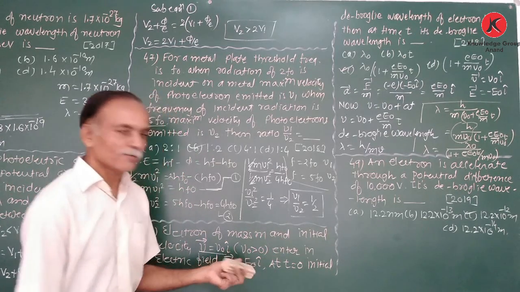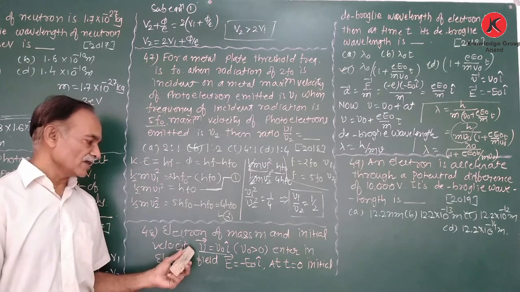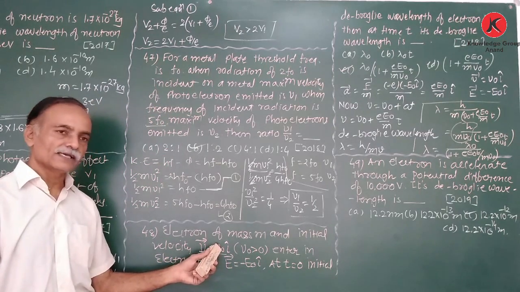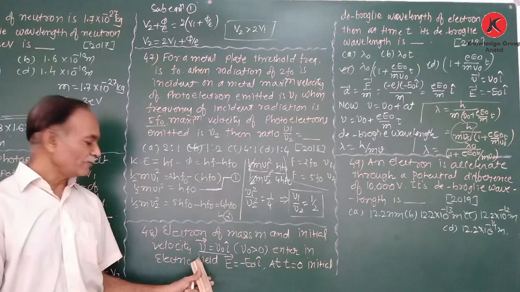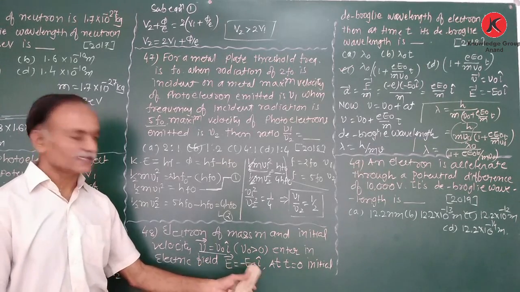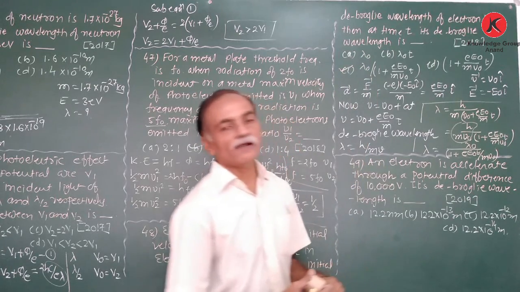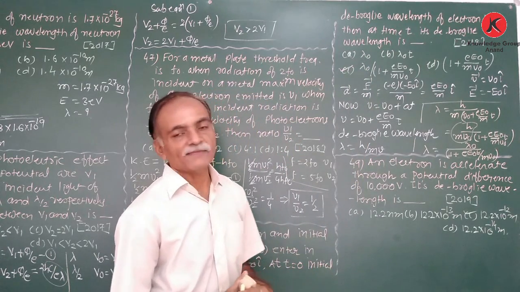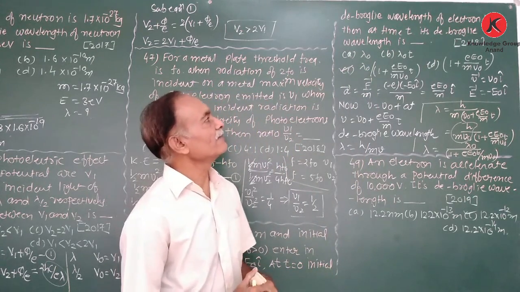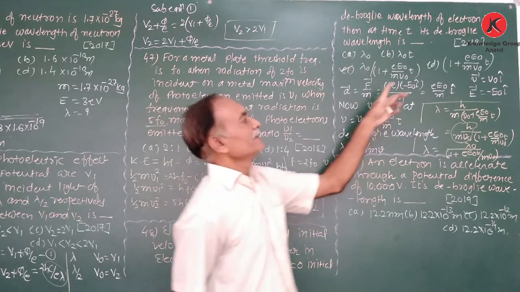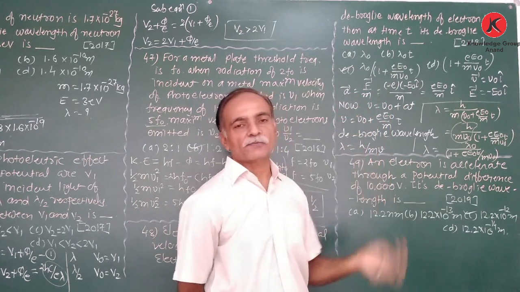Again, the electron of mass m and initial velocity v = v0 i enters a uniform electric field E = -E0 i. At time t = 0, the de Broglie wavelength is lambda 0. And at time t, what is its de Broglie wavelength? Therefore, here the electric field is given and the charge of an electron.